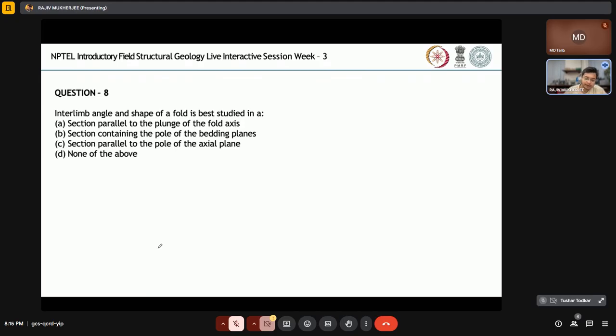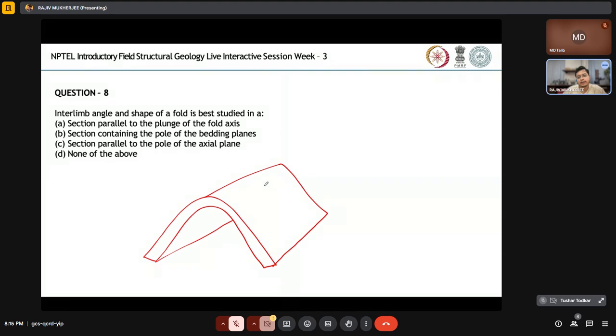So if we have a fold, then a section parallel to the plunge of the fold axis means, if this is the fold axis, then plunge means this is plunging in a direction like this, whatever may be the plunge amount.